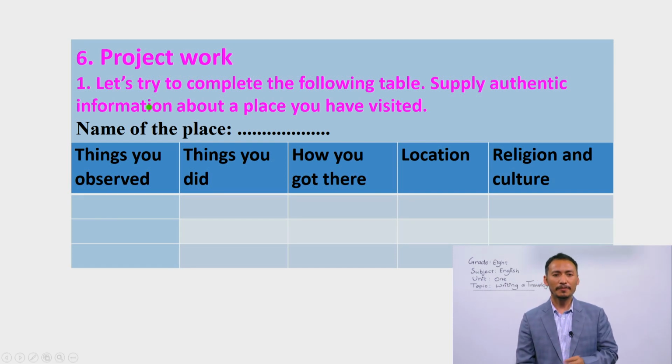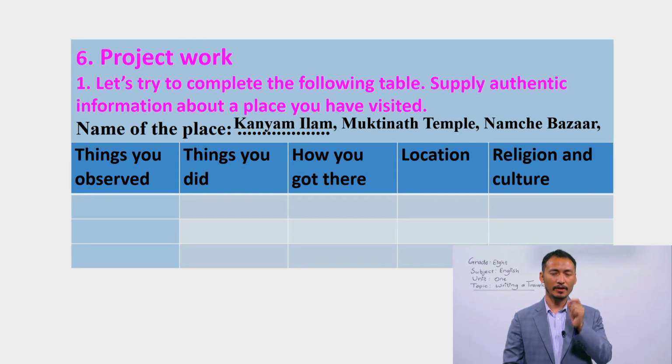First you have to decide a place which you are going to talk about. And then you have to think about the things observed, the things you did, how you got there, and location, religion, and culture. All right, students, I have some examples done for you. This is how these topics look.